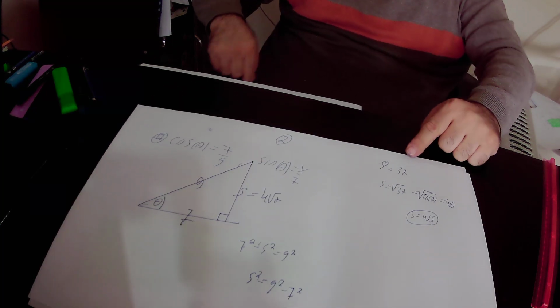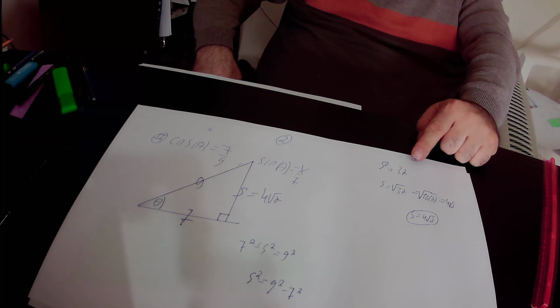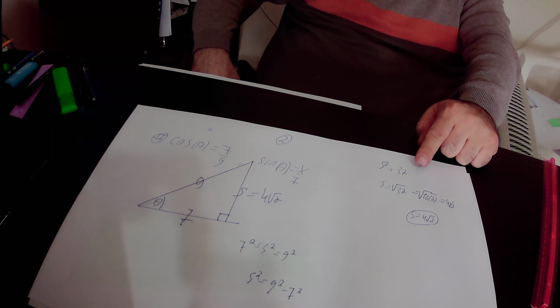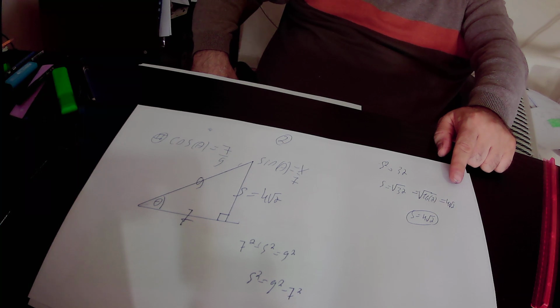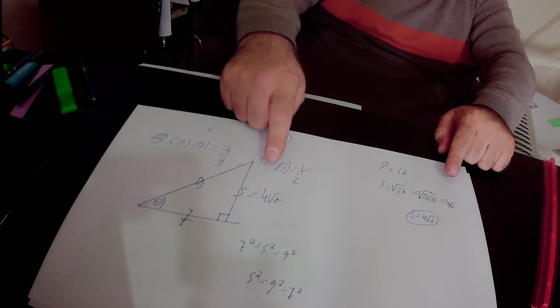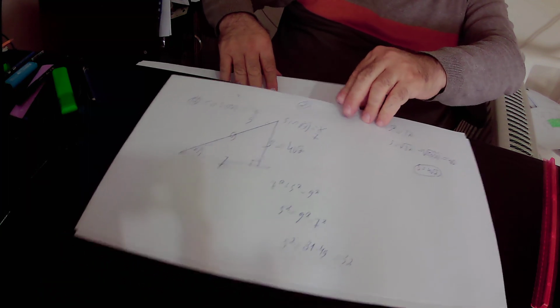So s squared equals 32. We took the root of this equation, and we got that s equals the square root of 32. 32 is 16 times 2, and the square root of 16 is 4. So in conclusion, s equals 4 times square root of 2 units.